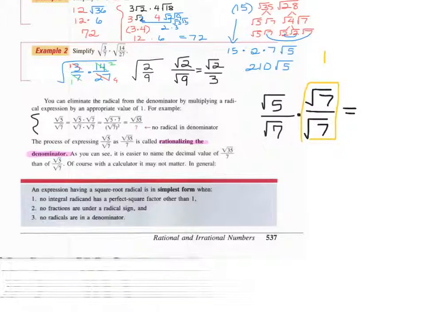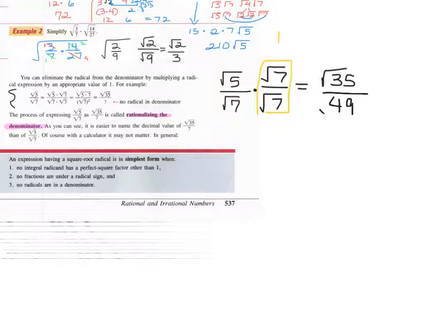So technically, all I'm doing is multiplying my given problem by 1, even though it is going to change it. So once I multiply it again, when you multiply square roots, you multiply inside by inside. So 5 times 7 would give me the square root of 35. And then notice when I multiply square root of 7 times square root of 7, I've got a pair of 7s that I'm multiplying, so the 7 comes out.